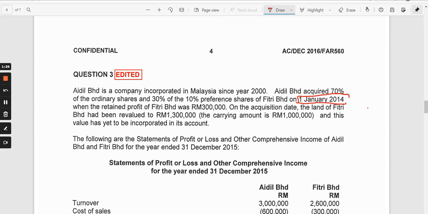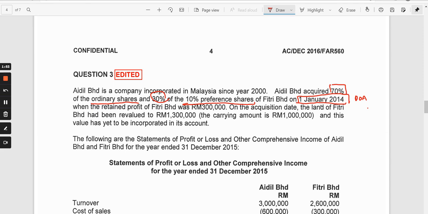So 1st of January 2014 is the date of acquisition. What was acquired is 30% of the preference shares and 70% of the ordinary shares. This is the date of acquisition, which happened in the prior period.